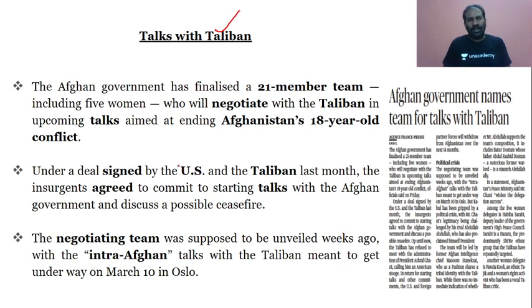We have seen earlier, when the Taliban regime was there from 1991 to 2001, the Taliban were attacking the minority communities, that is the Hindus, the Sikhs and others.